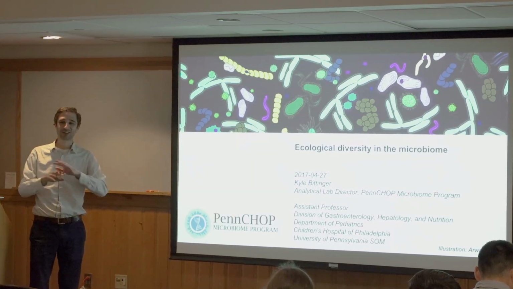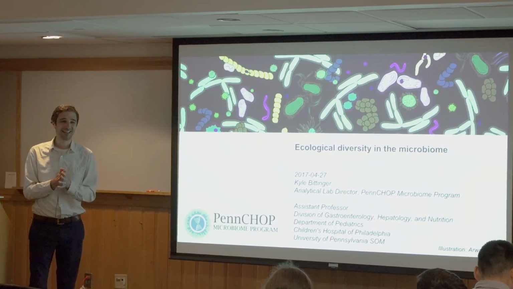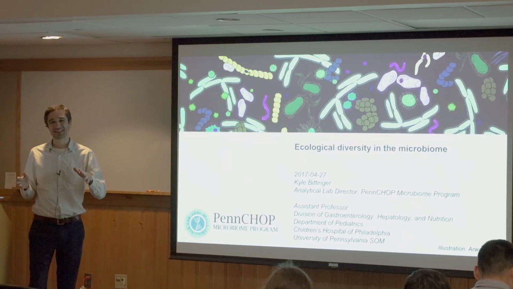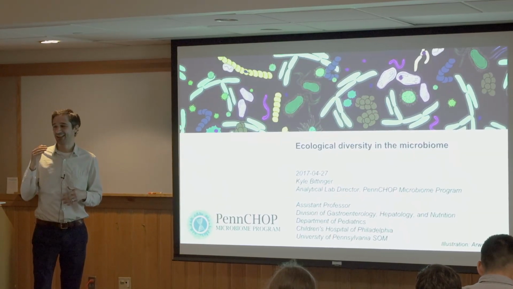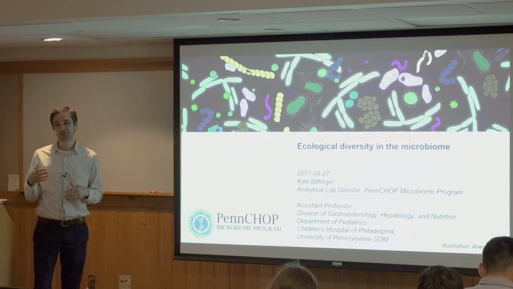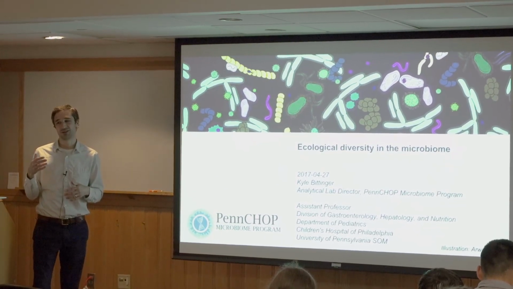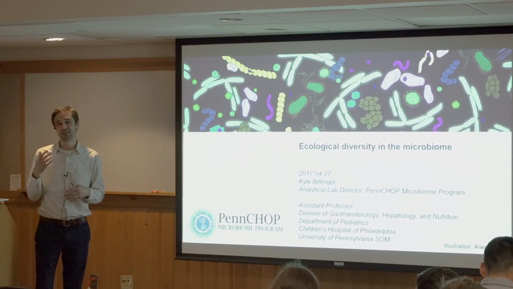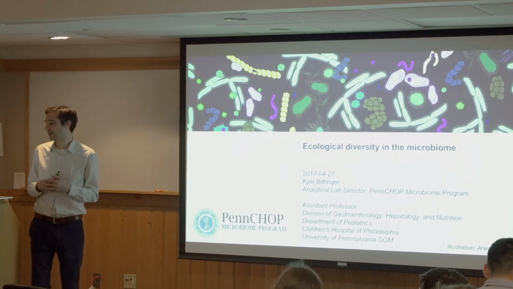So for today, we're going to assume that we've done all that perfectly. We have great-looking clusters. We know what everything is called. And today, we're going to move beyond just getting names and sequence clusters, and we're going to talk about how to analyze the content of samples and compare samples to each other.